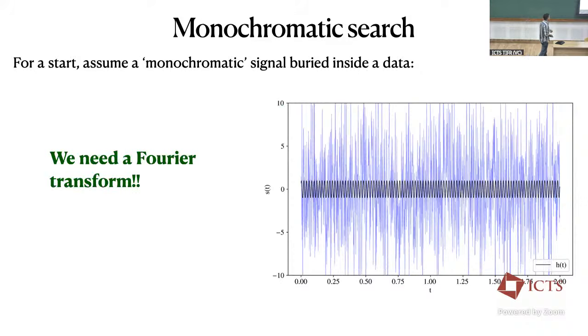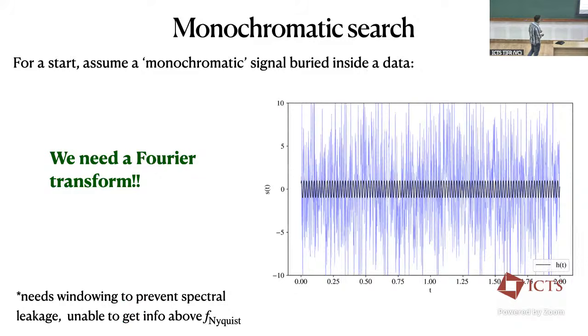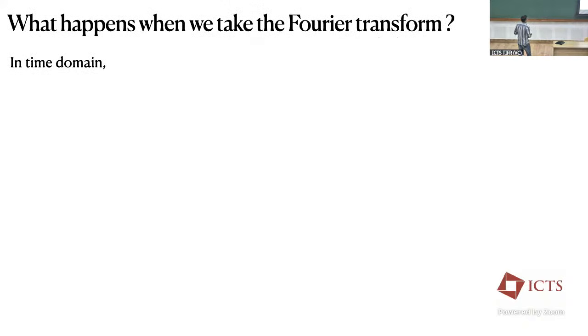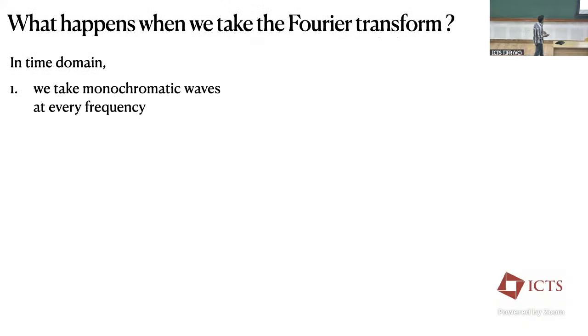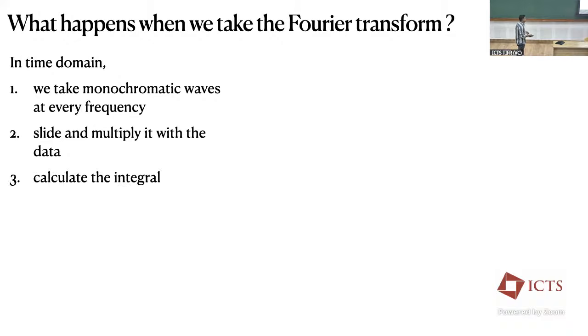So we do a Fourier transform. For the Fourier transform, we need windowing to prevent spectral leakage and so on. When you do a Fourier transform, we take monochromatic waves with different frequencies, slide and multiply them with the data and compute the integral.